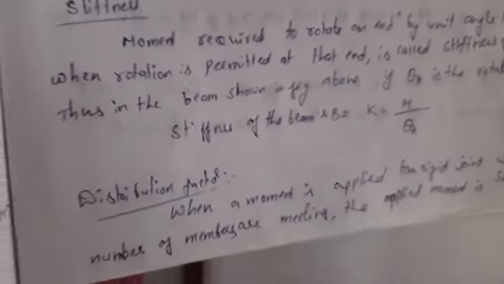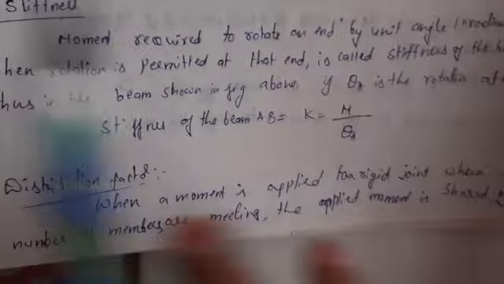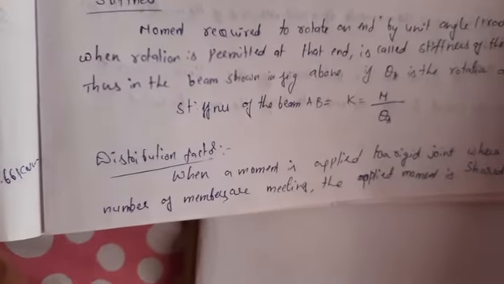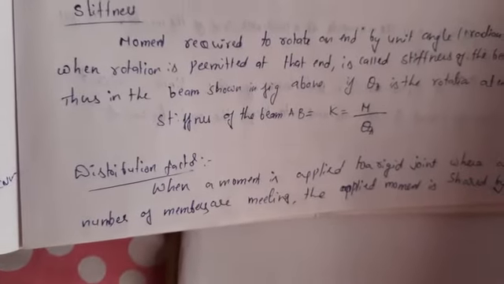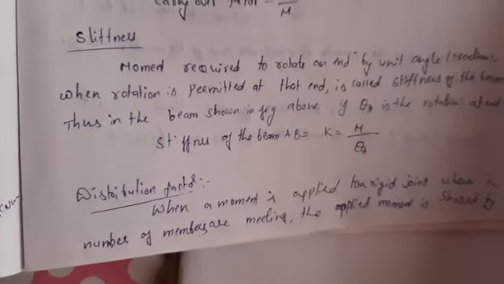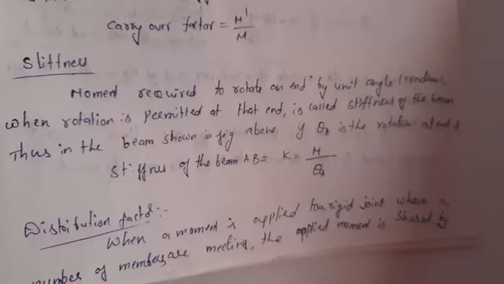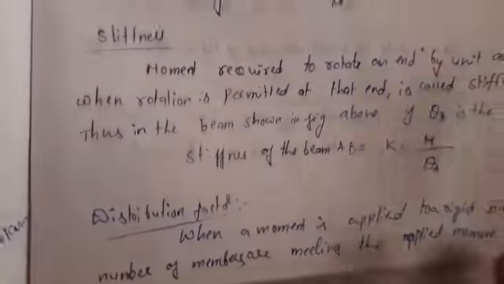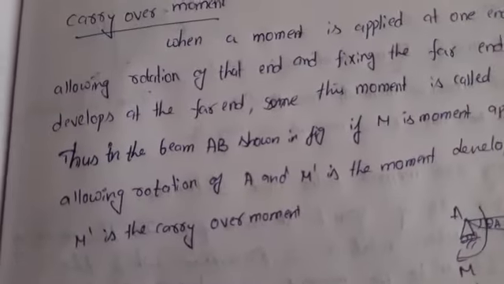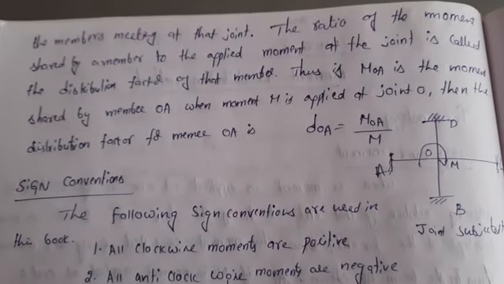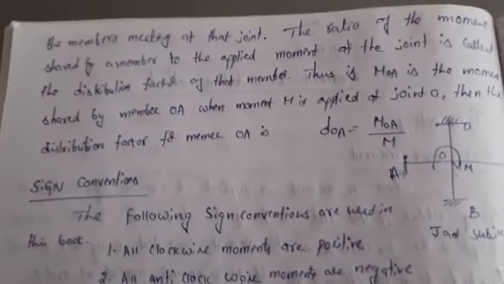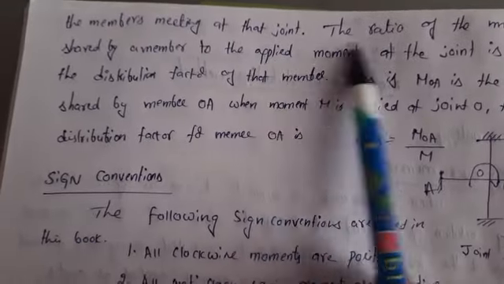Okay. Next, distribution factor. When a moment is applied to a rigid joint where a number of members meet, at that point the applied moment is shared among the members.